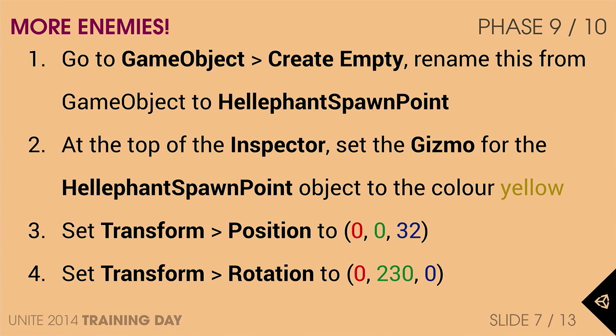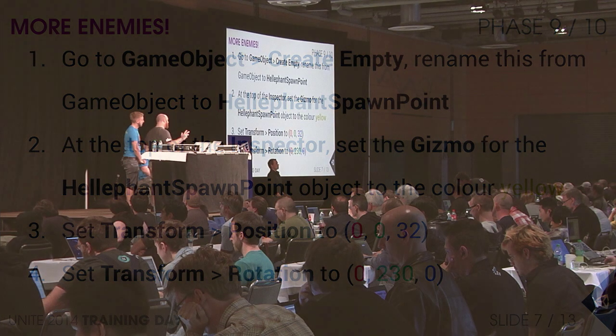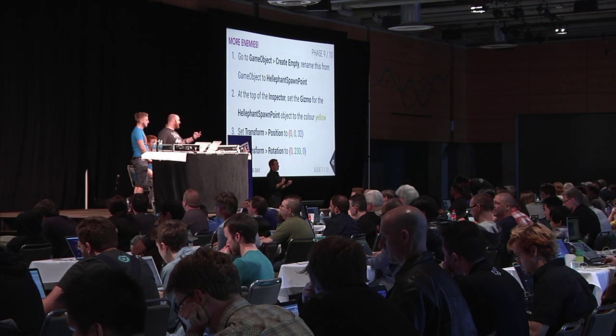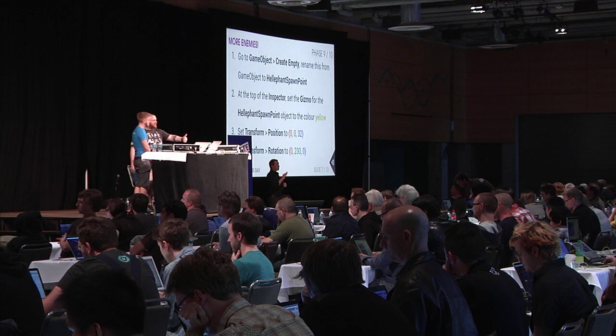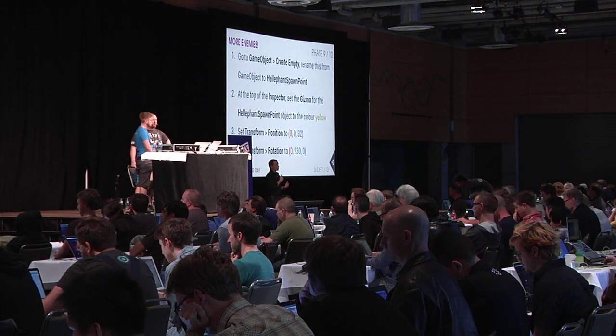We set its transform rotation to 0, 230, 0. At this point, we have our 3 spawn points, we have our 3 enemy prefabs, we have our enemy manager, we have our player. We've got everything we need to sort of put it all together and get these enemies spawning.